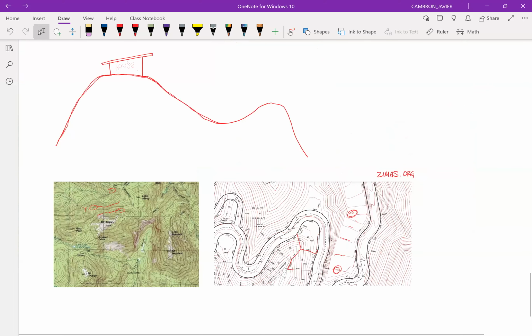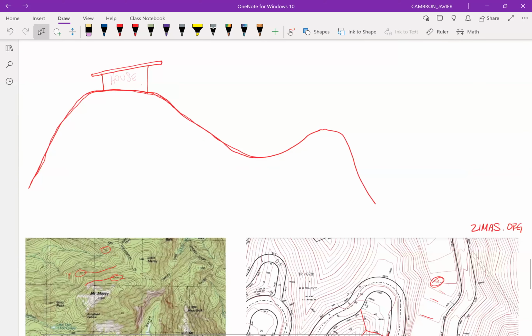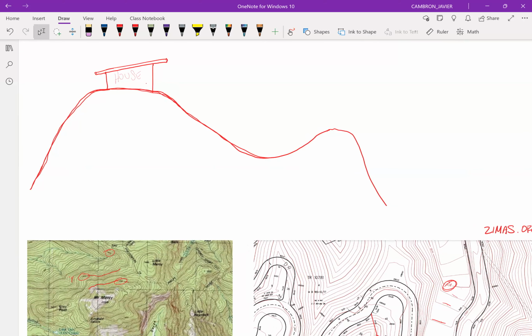So what I have up here is a makeshift section of a hillside. Now we have the hill. I made a little house at the top, and then it dips down, and before dipping up, and then it slopes down radically.